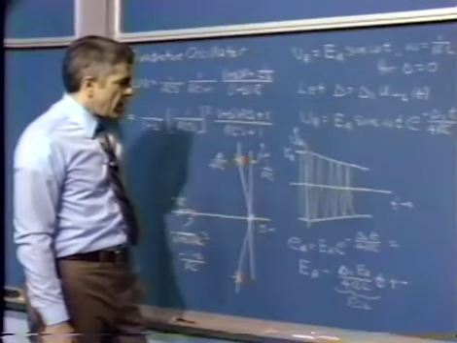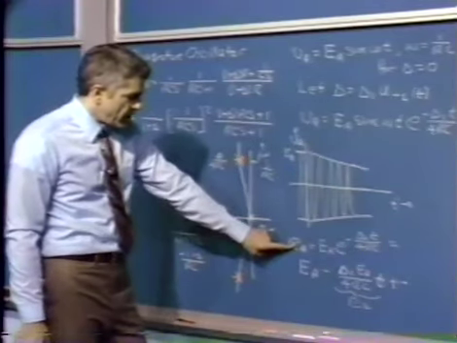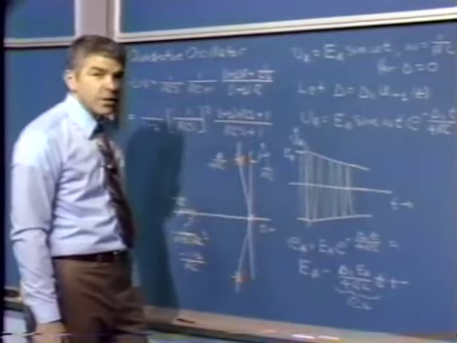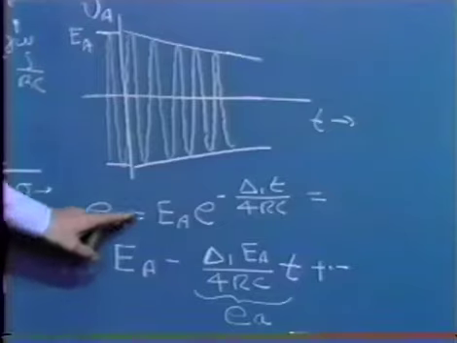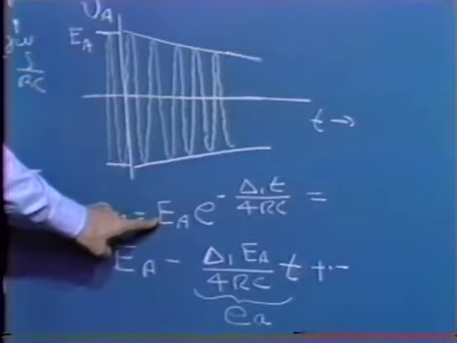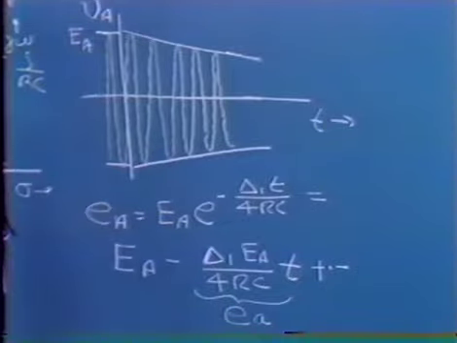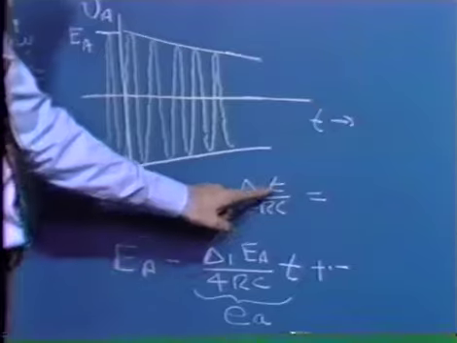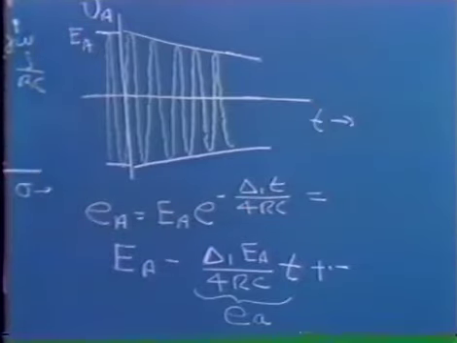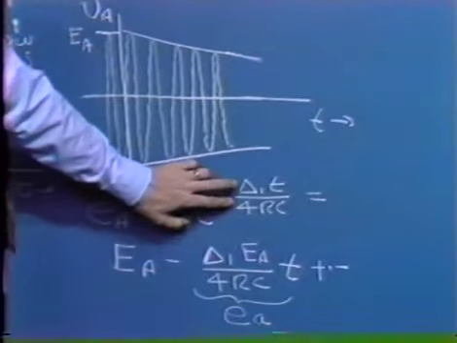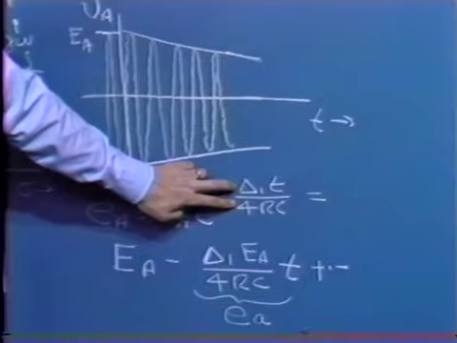Let's go ahead and write E sub A, the total variable associated with the envelope. Well, the envelope is our initial amplitude, the envelope amplitude E sub capital A, times e to the minus delta 1 t over 4 RC. And what I'll do is expand that in a series, recognizing that the exponential is hopefully small.